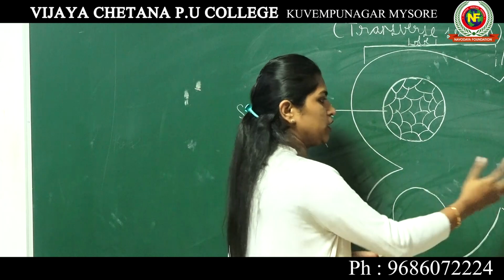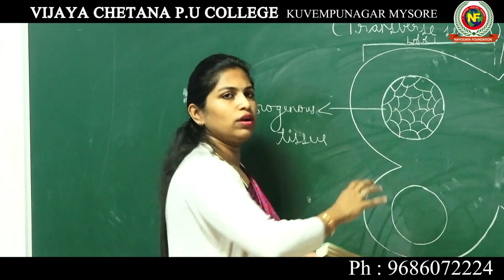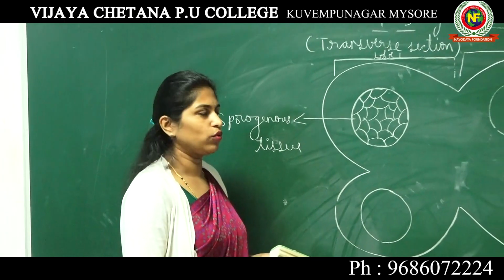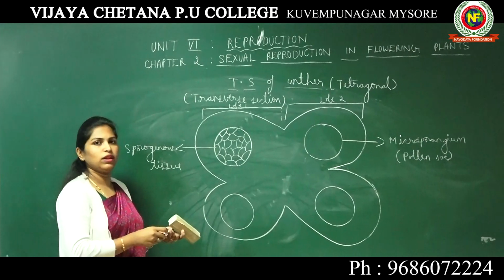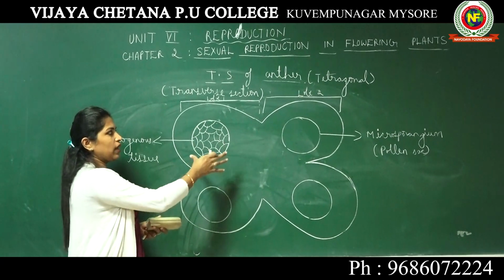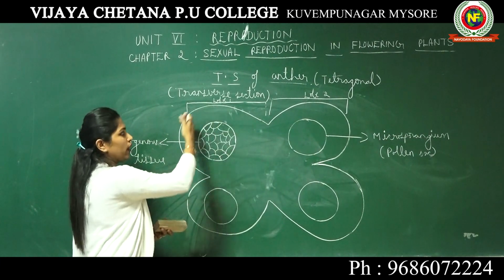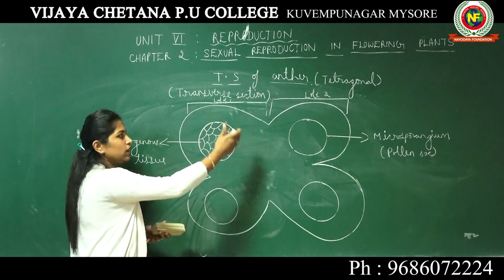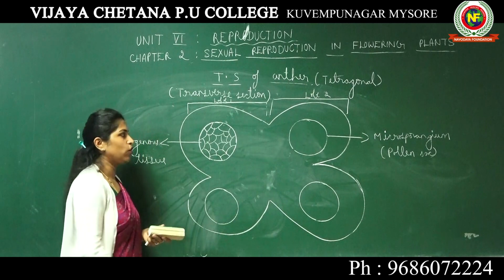Every microsporangium, in turn, is protected by 4 wall layers. Which are they? I will draw it in detail. Again, I am explaining the structure of one corner in detail, whereas the same explanation applies to all the other 3 corners.